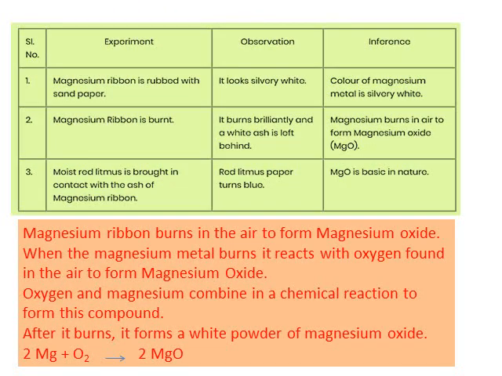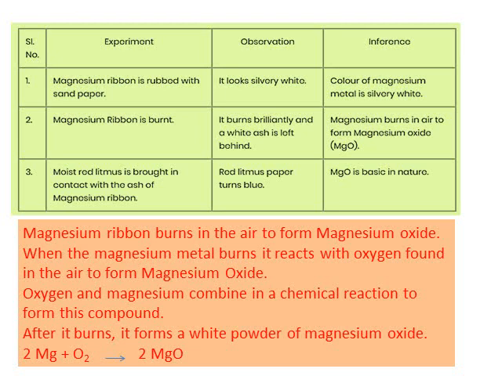Children, let us discuss the first experiment, the burning of magnesium ribbon, step by step in tabular form. This tabular column contains the experiment, observation, and what inference we get out of the observation.